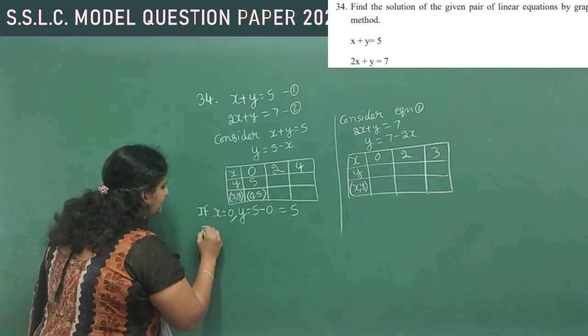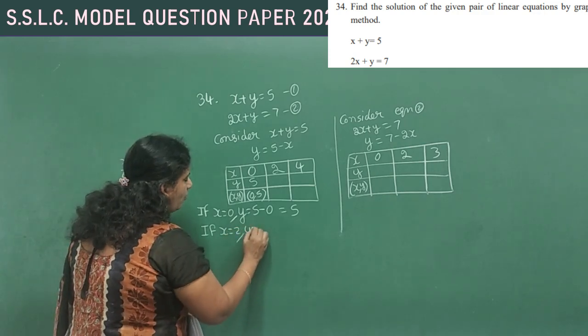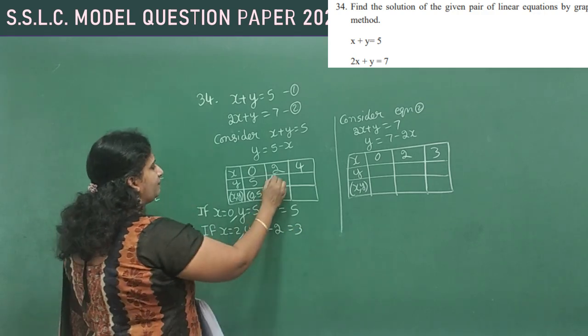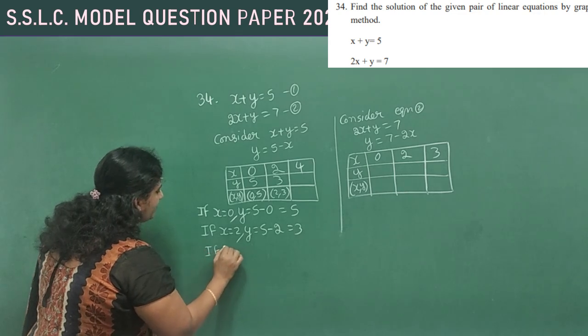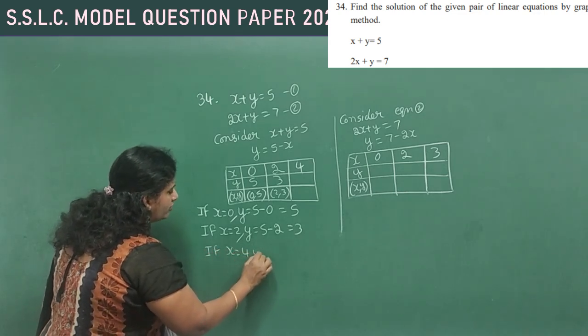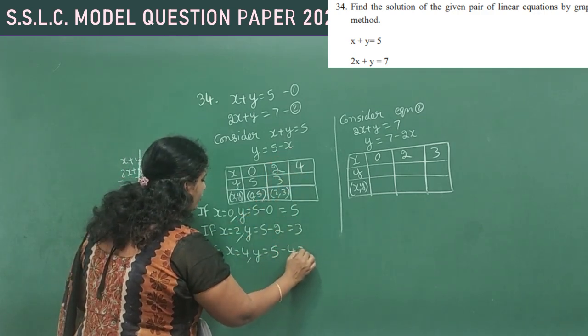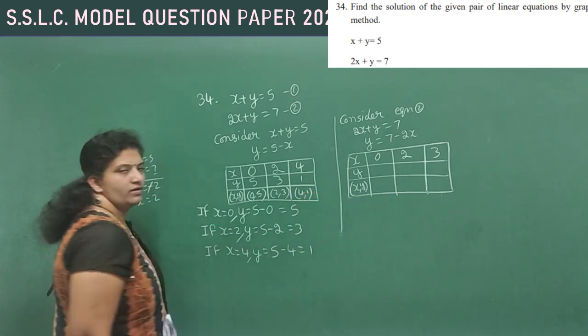And in the same manner, if x is equal to 2, y is equal to 5 minus 2. That is 3. 2, 3 is the coordinate. And again, if x is equal to 4, in place of x substitute 4, 5 minus 4, that will be 1. 4, 1.